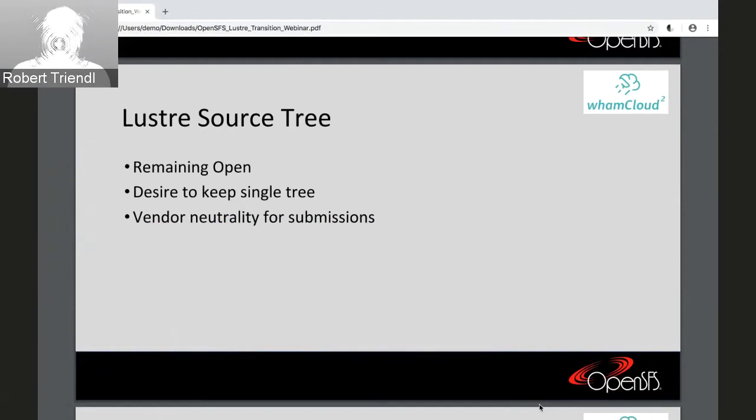We really want to make things simple for end users, so that there are no constraints that say, I have this system from vendor A, so I need Lustre client A, and I have this system from vendor B, so I also need Lustre client B. Our ambition is to make things as simple as anyhow possible with one single Lustre distribution, and we do believe that Lustre is absolutely mature enough to support that vision. Next slide.